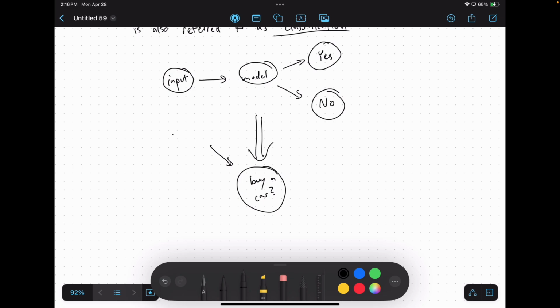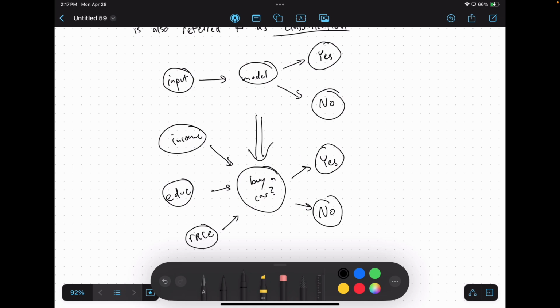And you have income, you might have something like education, and so here you might have continuous variables informing that, but you could also have discrete variables. So something like this, and then, yes or no.